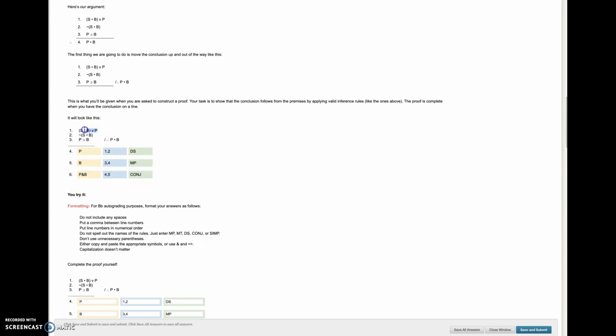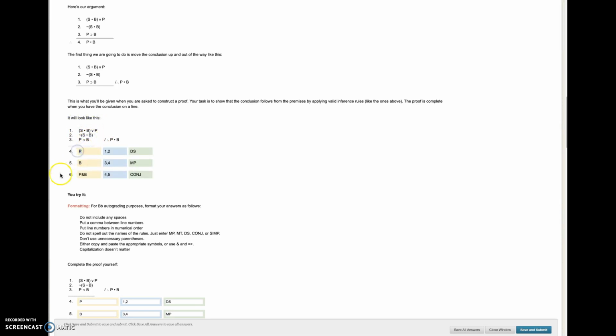We have a disjunction on line 1. We have a rule that applies to disjunctions. That rule says if you have a disjunction and you have the negation of one or the other disjunct, then you can put the other one on its own line.